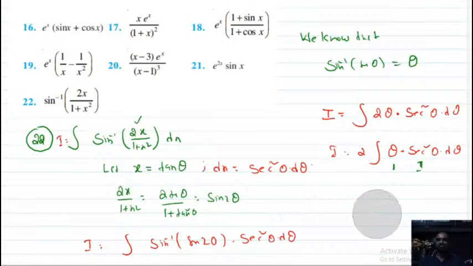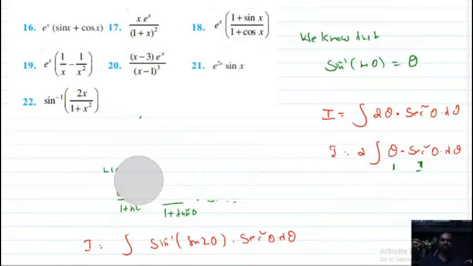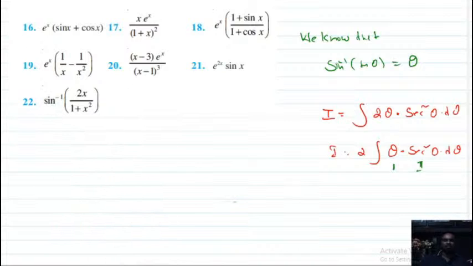Okay students, I will write it neatly in a separate area. What I got, I will write again now: I is equal to 2 times the integral of theta into secant square theta d theta.